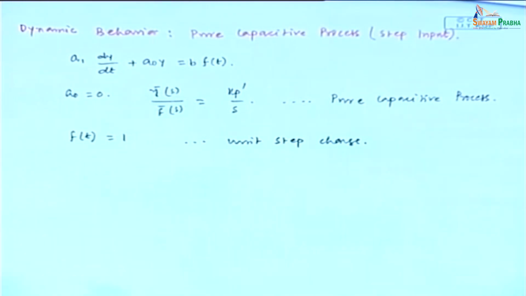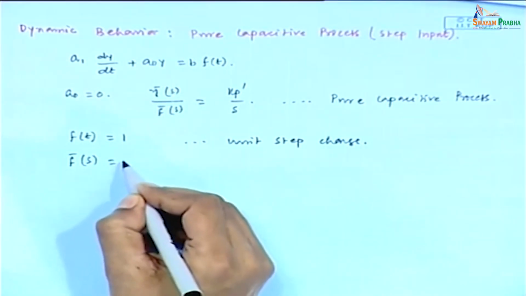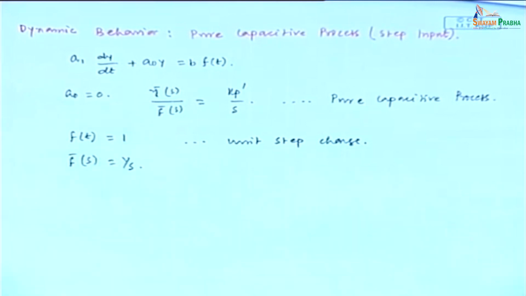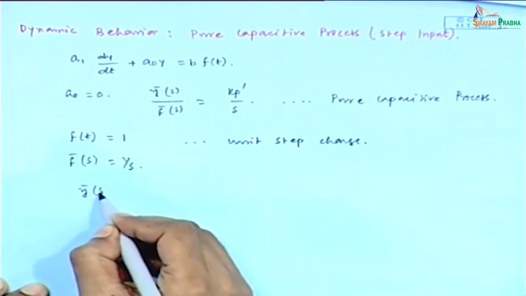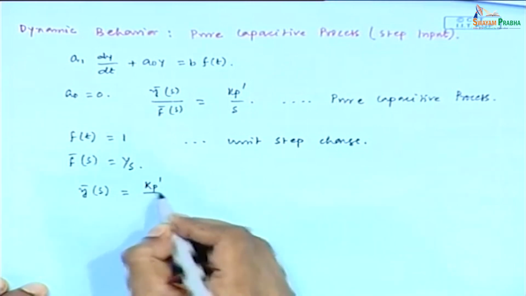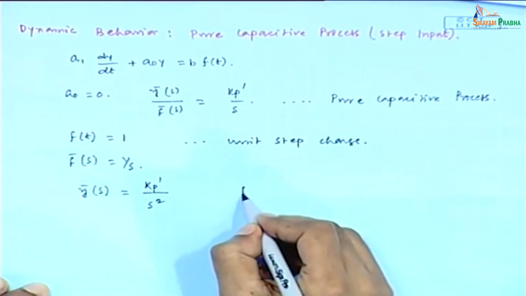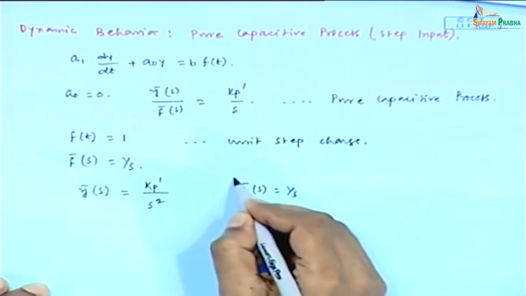To observe the transient behavior of a process, we need to introduce some change in the input variable. So, for that we are considering a unit step change. So, in Laplace domain we can write this as 1 by s. Fine. Then what will be Y bar(s)? Y bar(s) becomes Kp prime divided by s square, because F bar(s) equals 1 by s.